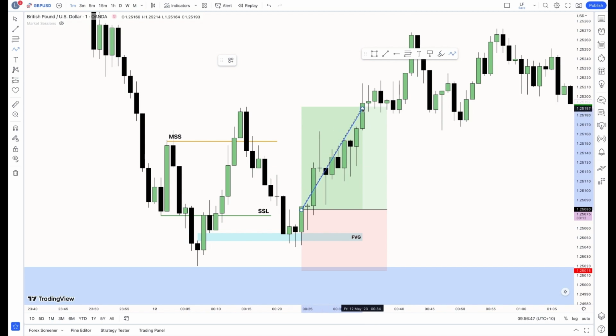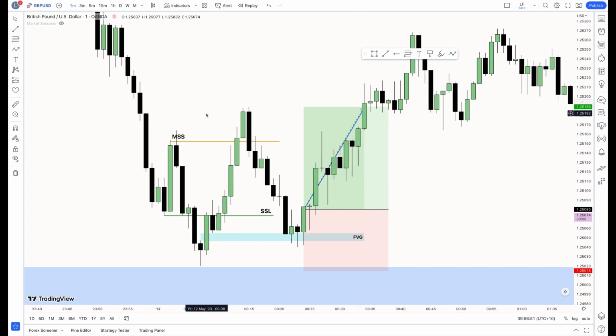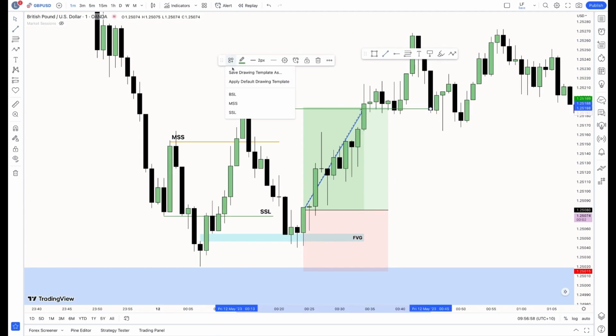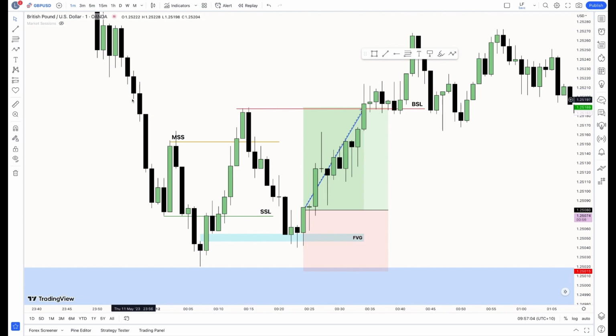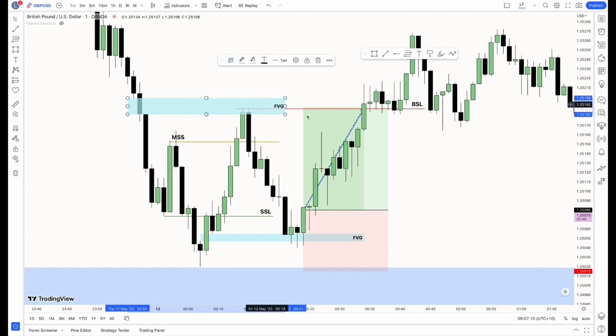I took this trade from here, and took my first partial here. Why the first partial? Because this was buy side liquidity. I'm not greedy. I want to take some of my profits off the table as soon as it reaches my first target. Besides that, there's also this gap here, which price will be drawn to.